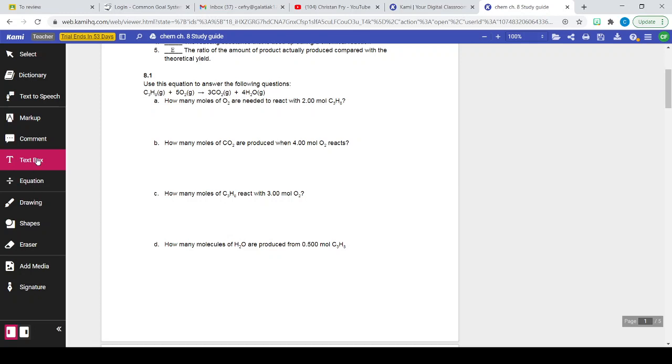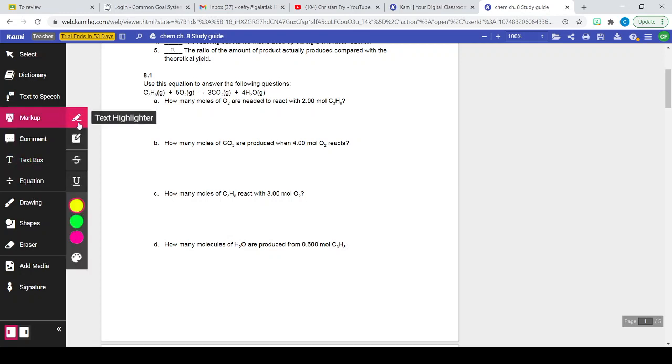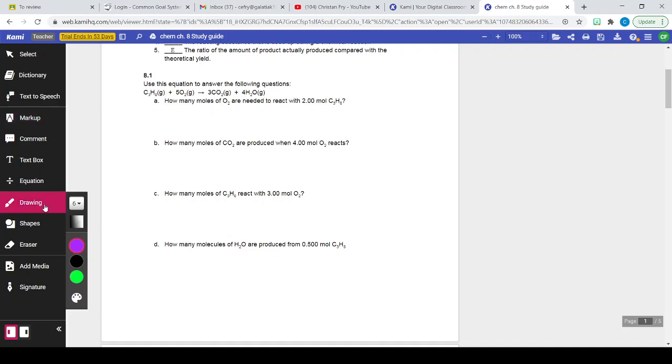So let me maybe do the markup here. Text highlighter box. Maybe it's drawing that I need, guys. I'm sorry. Okay, so I'm going to try to write this here. So if I have 2 moles of C3H8, I'm just going to write CH because it makes it a little bit easier on me.